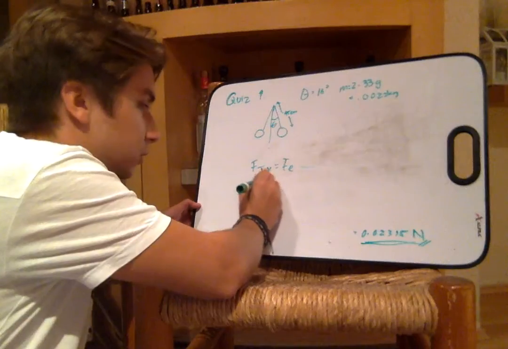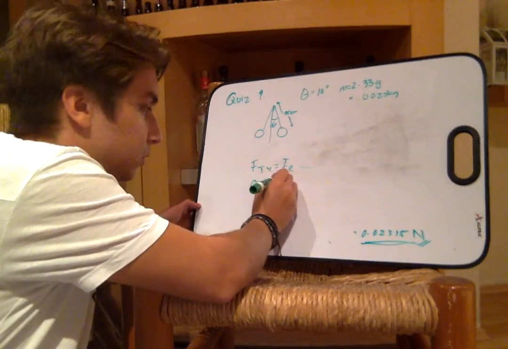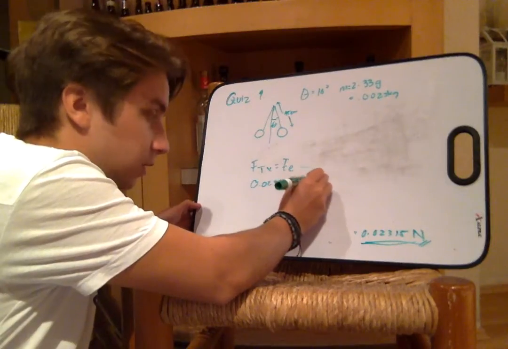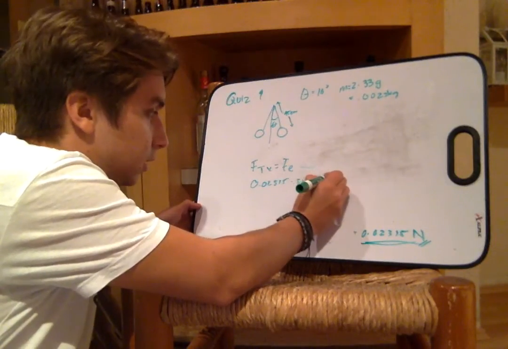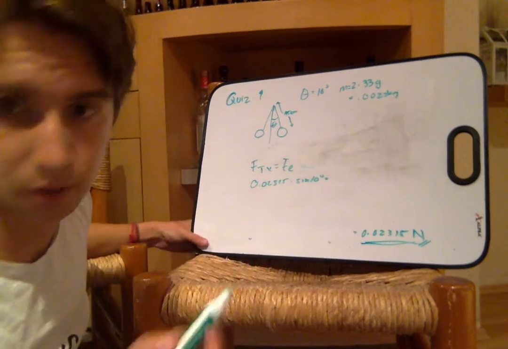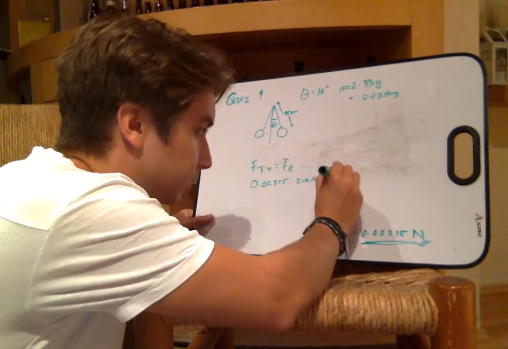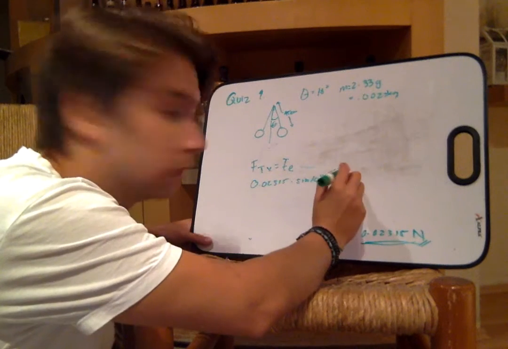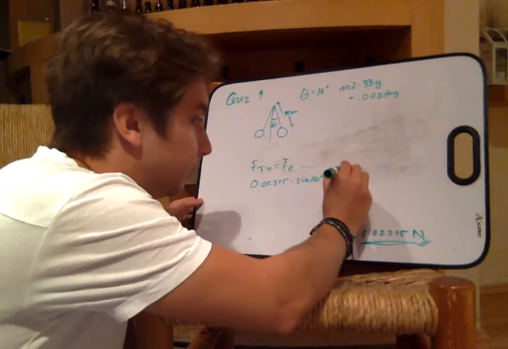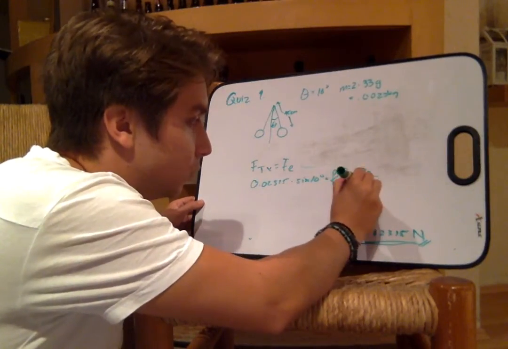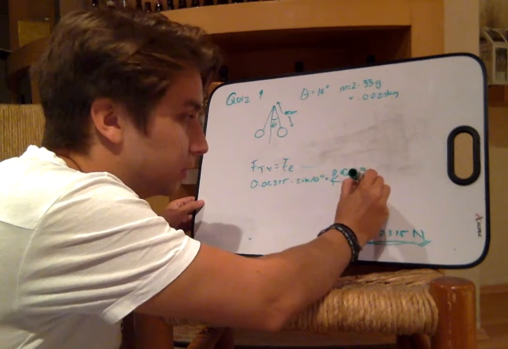So we're going to use 0.02315 times the sine of 10 equals the whole expression of the electromagnetic force, that would be the constant k multiplied by q1 multiplied by q2 over the distance between them squared.